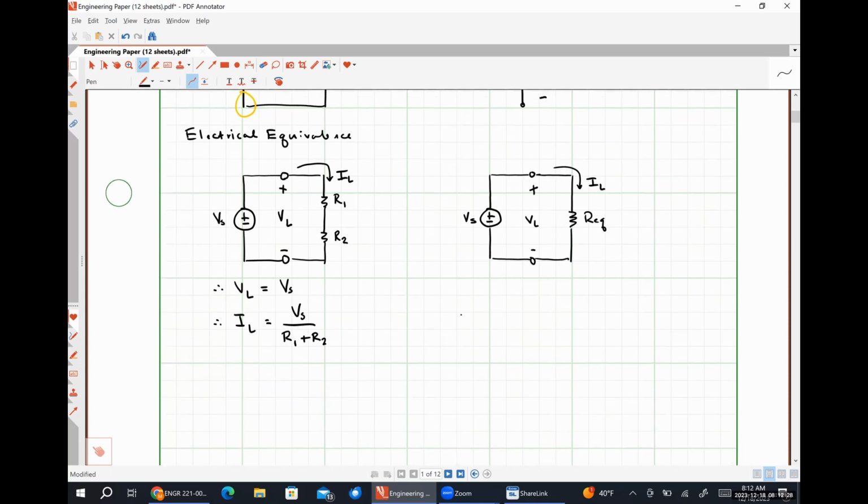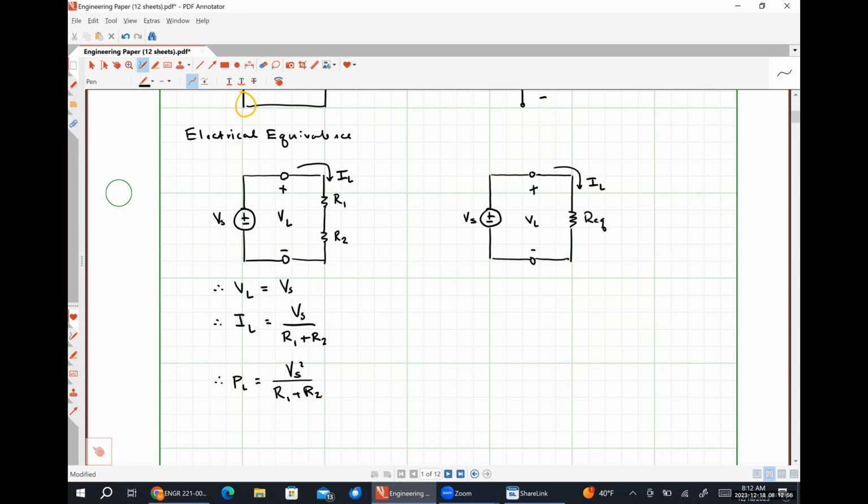Absolutely right. And so what power would be absorbed by our load in this case? Well, that would just be VL times IL, or Vs squared over R1 plus R2.